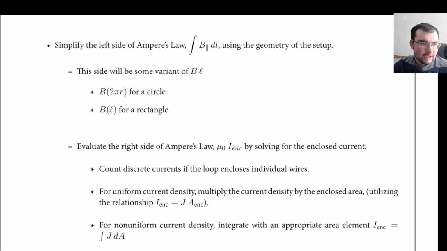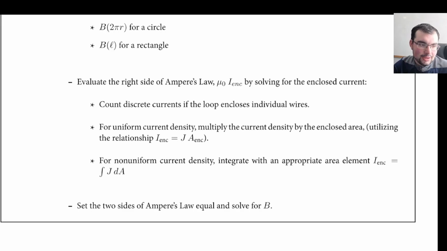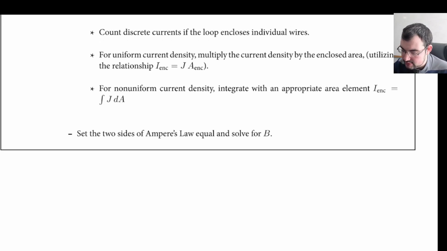The difficulty comes from the right side, because how do you find the enclosed current? Well, counting, that's the easiest way. And then our density function, this goes way back to our first unit. We actually defined current density, because we have all different flavors of charge density.